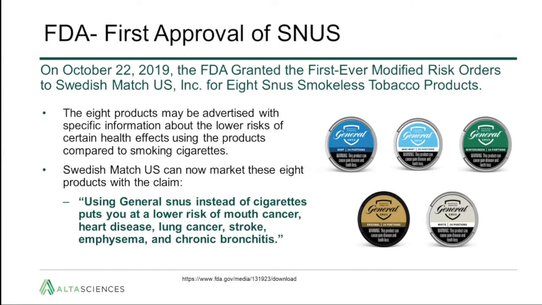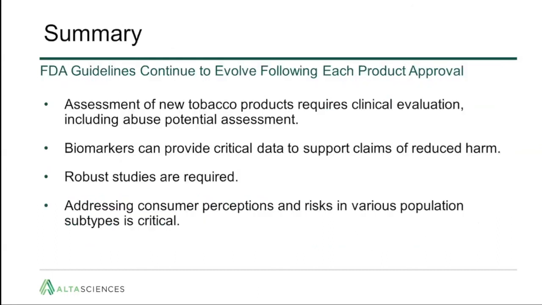So this is now a more recent example where some risks were allowed for labeling claims, and using biomarkers, Swedish Match US can market these products with a claim that using General snus instead of cigarettes puts you at lower risk of mouth cancer, heart disease, lung cancer, stroke, emphysema, and chronic bronchitis. So this is now an example of how these biomarkers have evolved and how these studies have evolved to enable you to make claims, provided that the data supports those claims.